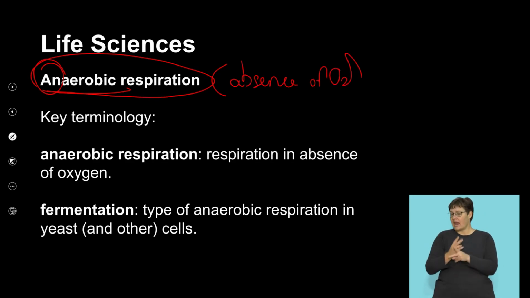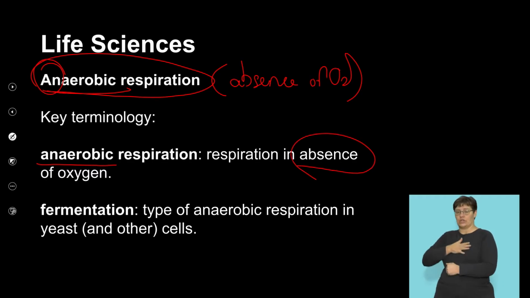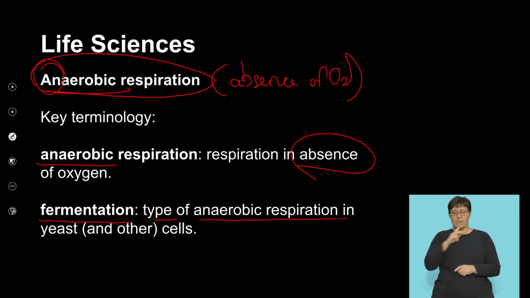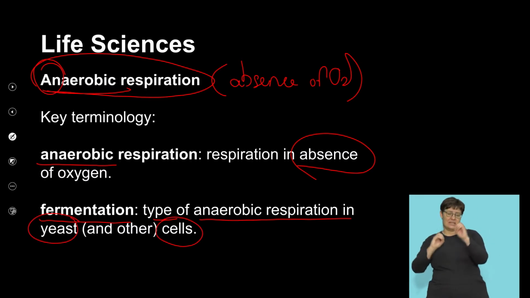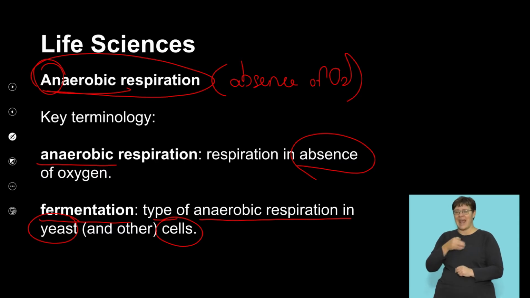So again, let's see how that process is different. The key term is that anaerobic respiration refers to the process occurring in the absence of oxygen. It's also called fermentation. In plants, this type of anaerobic respiration occurs in yeast and other cells, and we often refer to it as alcoholic fermentation.